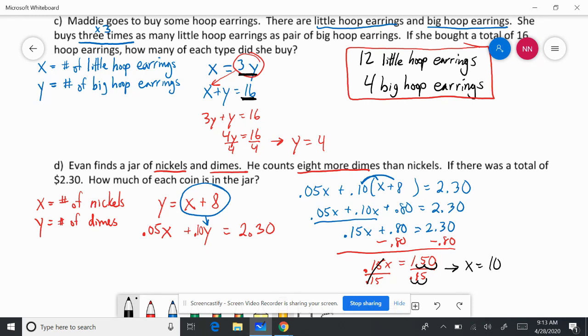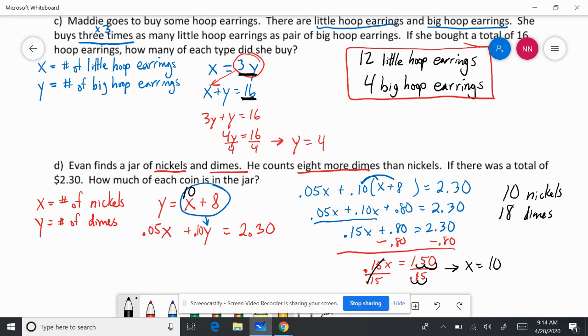So that means we have 10 nickels. Now, if we take the 10 and we add 8 to it, that gives us 18. So there are 18 dimes.